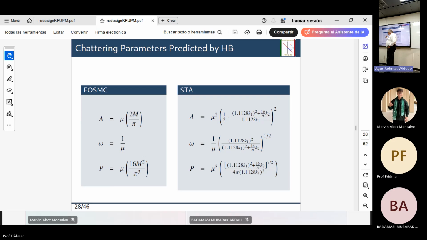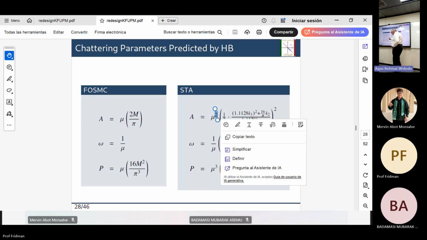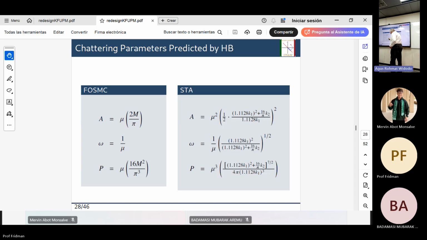So what happens? You see here, in standard sliding mode, the amplitude of chattering is proportional to the filter time. Here, because it's second order sliding mode, it is proportional to mu squared. The frequency here is every time greater, the frequency here.